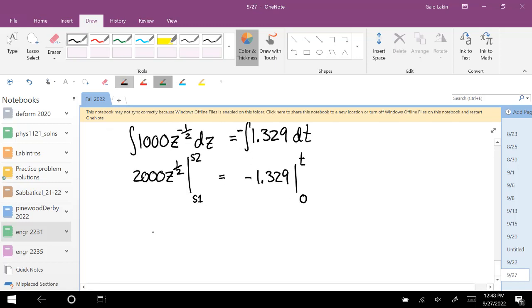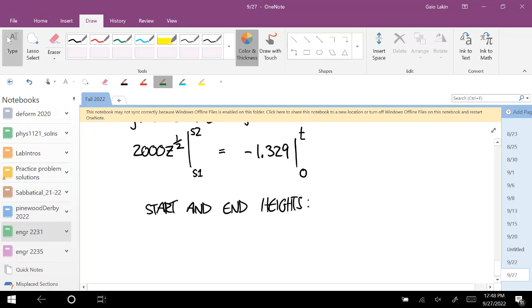So to find these start and end heights, we'll use the fact that mass is equal to 1,000 z.